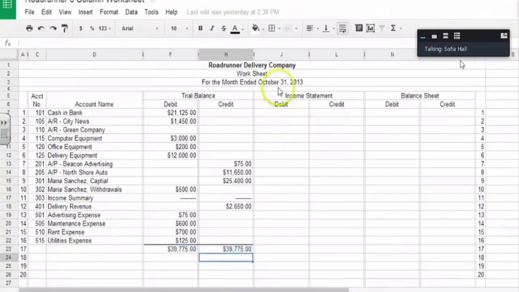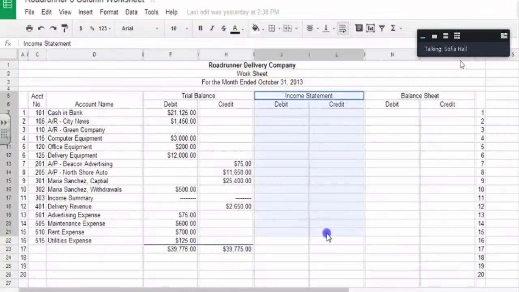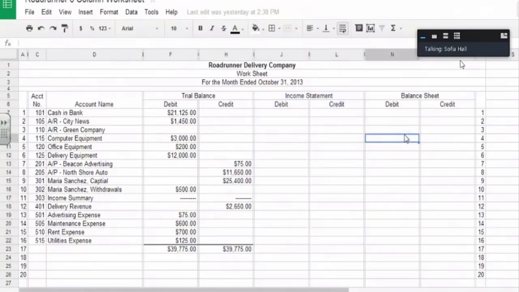Now, the two new sections that you're going to see are the income statement and the balance sheet. Now, there are certain items that are included on the balance sheet and certain items that are included on the income statement. I'm going to skip over to the balance sheet first. The items that are going to be included on your balance sheet are your assets, your liabilities, and your owner's equity.